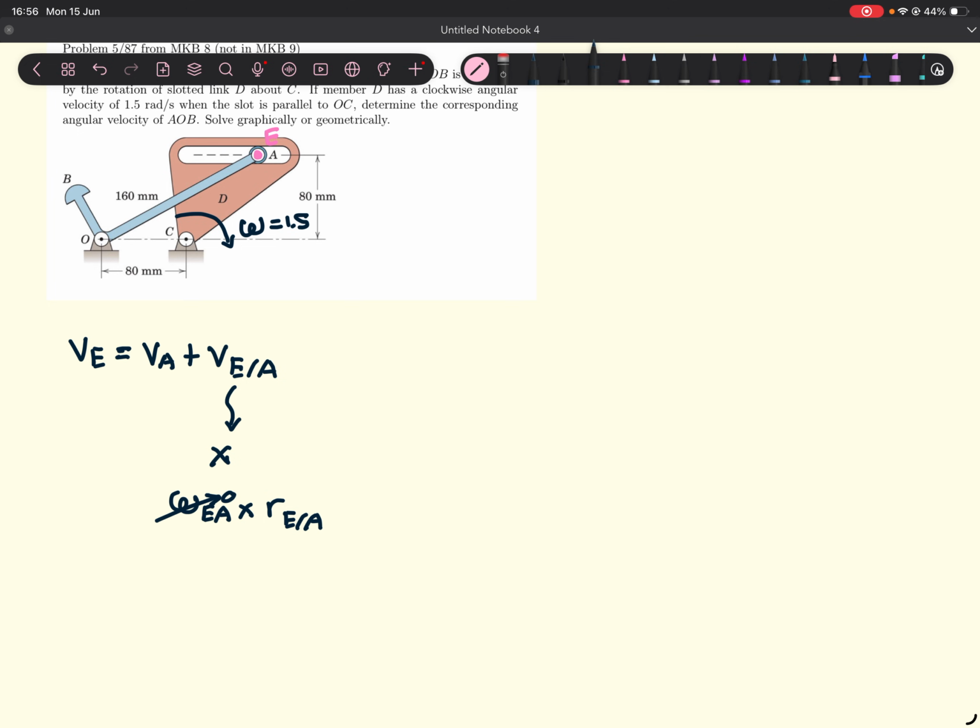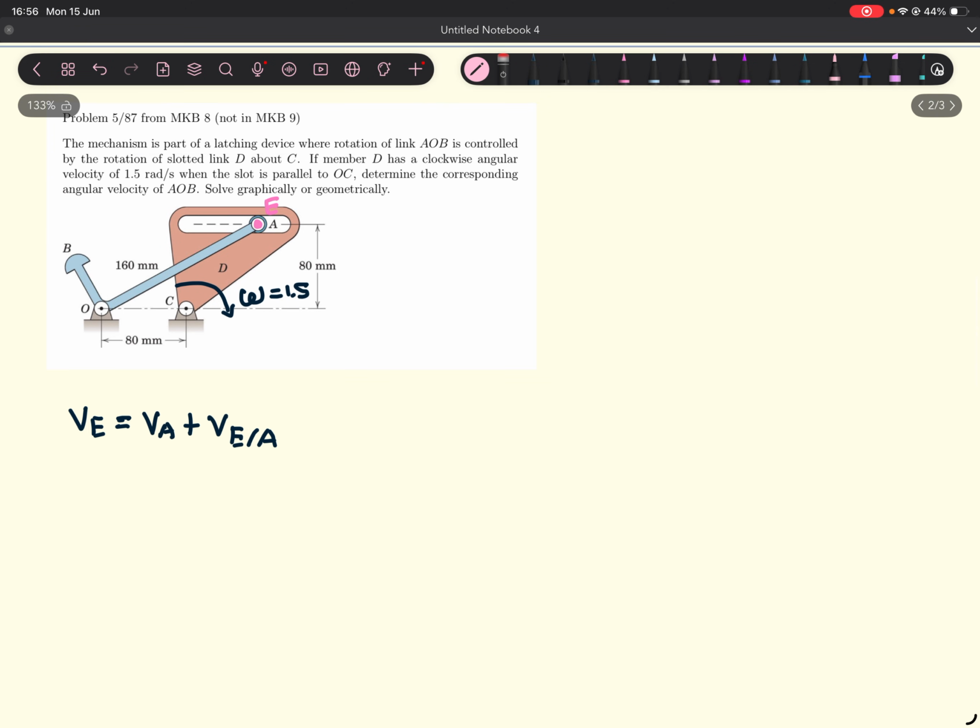There's no angular velocity between point E and point A, because they aren't on the same rigid body, right? So we can't do that. So we need another method then of trying to solve for the velocity.